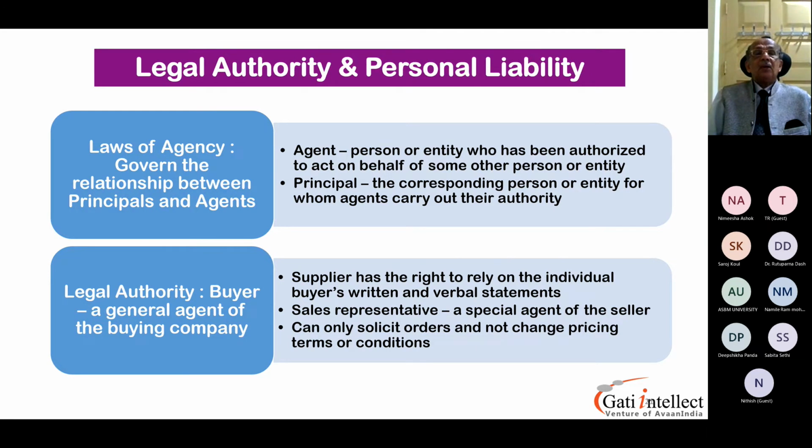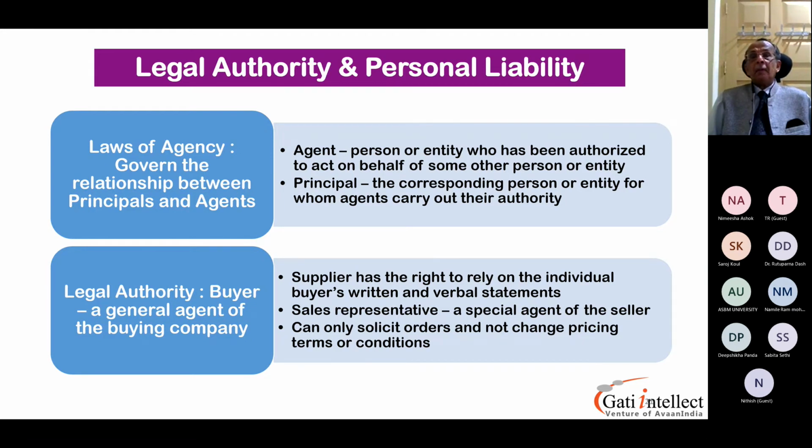Now comes the legal authority of the buyer or general agent of the buying company. The supplier has the right to rely on the individual buyer's written or verbal statements. A sales representative, a special agent of the seller, can solicit orders and cannot change terms and conditions.